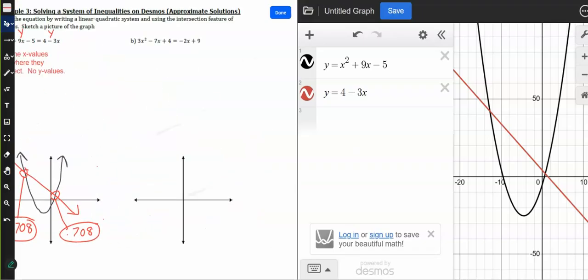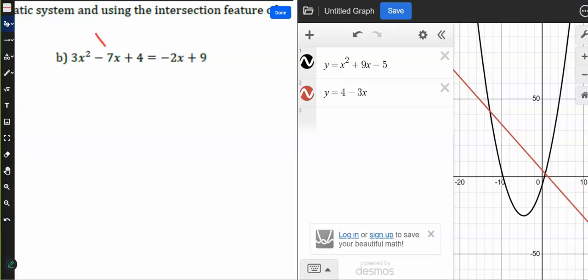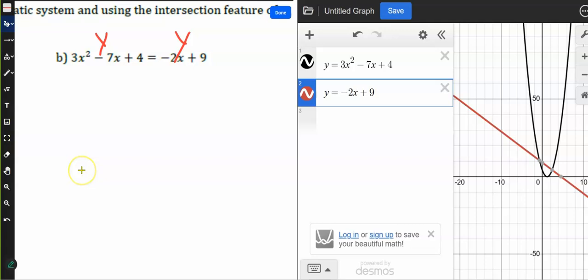Okay, let's go find another one. There's one more here. So we're going to set this one to y and this one to y. Let me get that set up. Well, as you can see, I got my equations, my y set up, right?